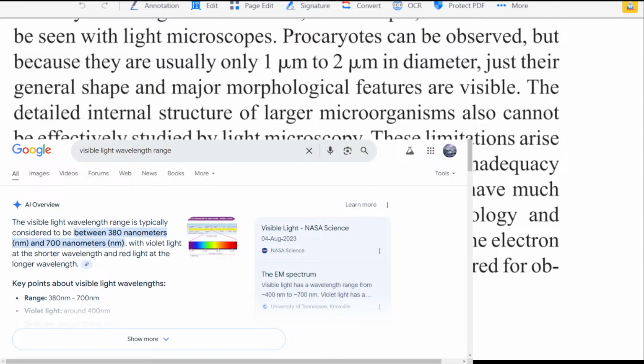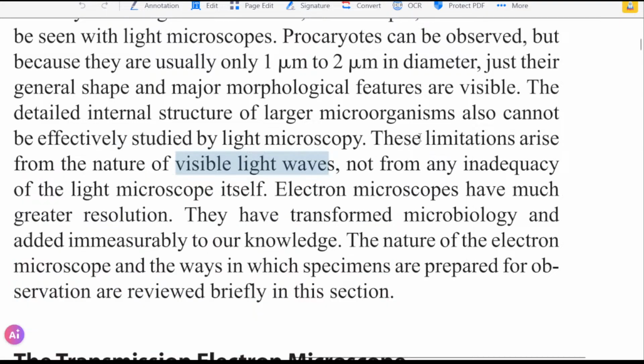The wavelength is in nanometers, but the resolution is in micrometers, and by the way, a nanometer is smaller than a micrometer. So the limit is not from any inadequacy of the light microscope itself. The construction doesn't have a problem. The only problem is that we don't have higher energy waves, and visible light has its limit.